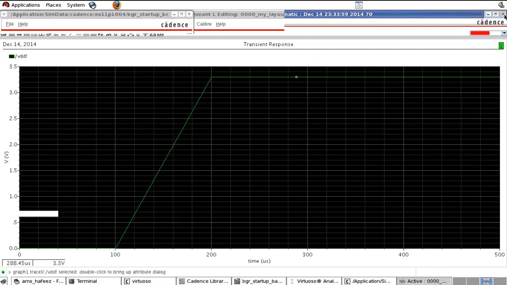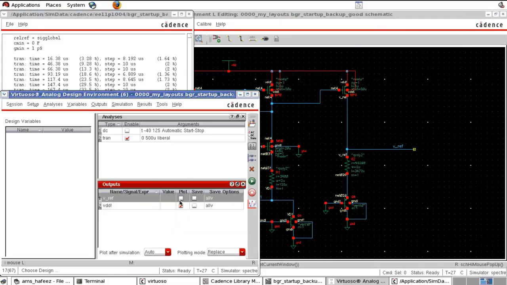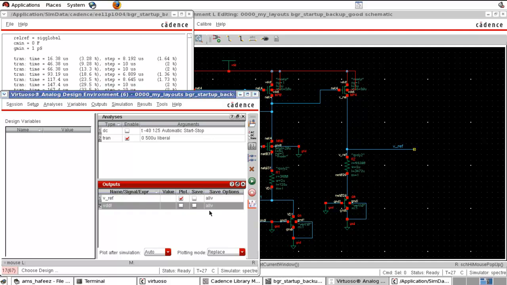Okay, so now if you plot the reference voltage, we can see the issue of transient. There is no guarantee that the simulator will show the issue. I am repeating that even though the simulator is starting now, it doesn't mean that it will work properly in silicon.